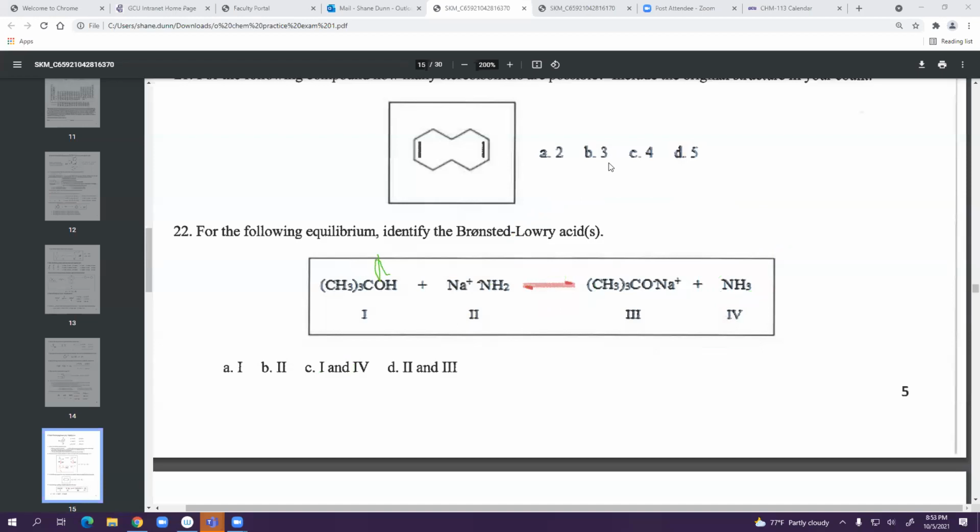This is my acid. This is my base. The acid becomes the base. The base becomes the acid. Where are my two acids? 1 and 4. Because there's an equilibrium here, I need to dictate both acids are important. If it's a single arrow, I only care about reactants. I don't care about products.